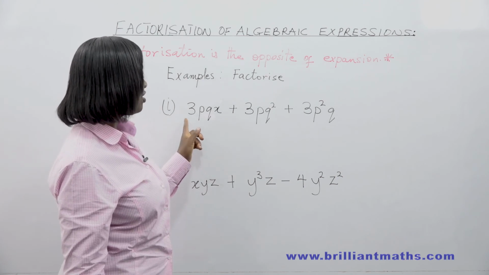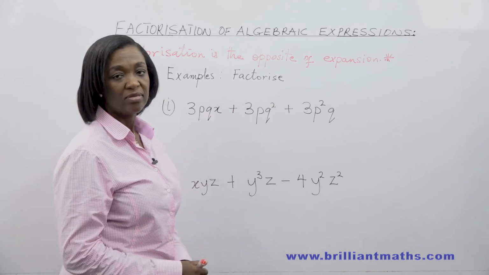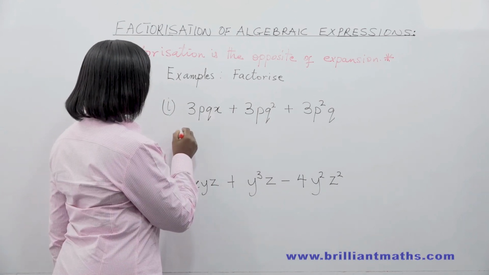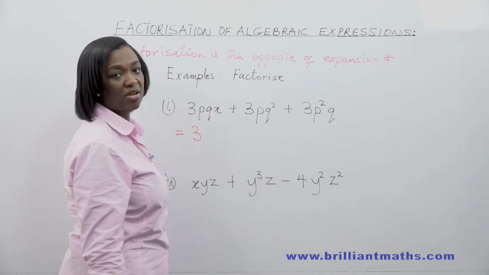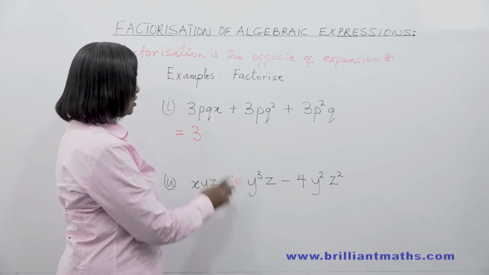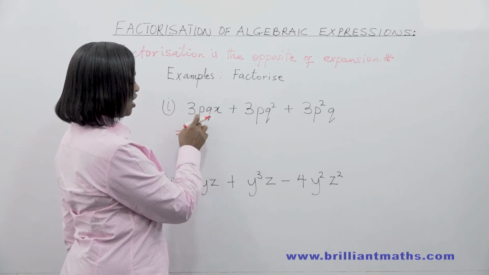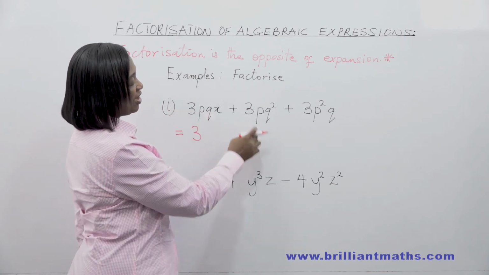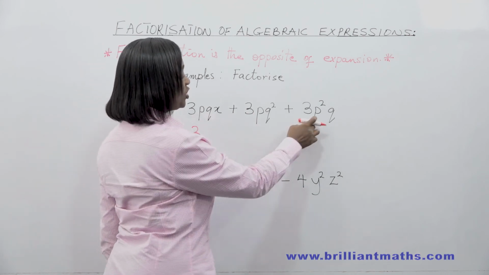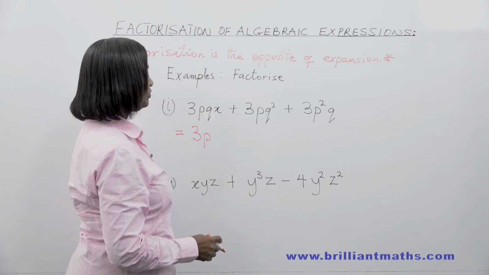As we can see, 3 is common to each of them. So we factorize out 3. Let's look for another common factor. p is common because we have p here and p there, and we have p squared there. So p is a common factor.